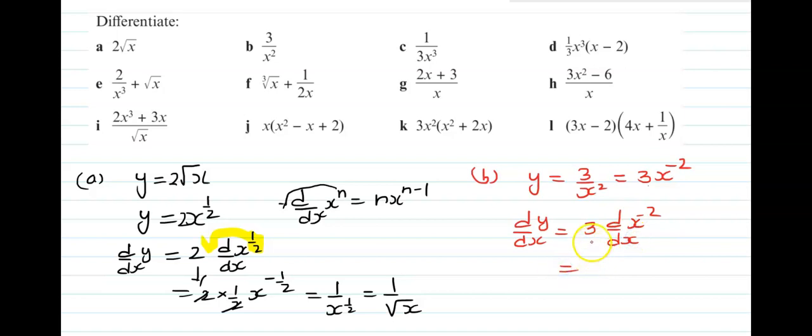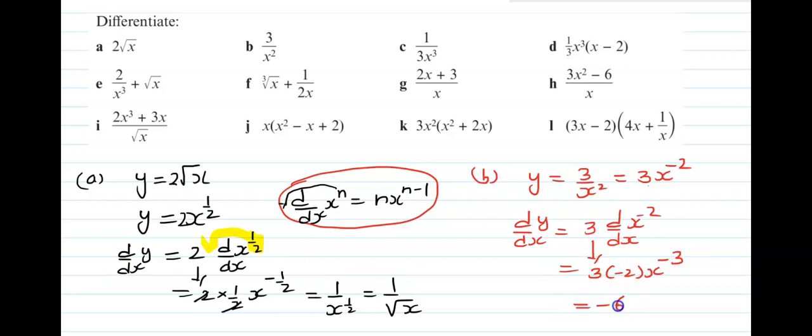The 3 is coming down. Again using this formula, minus 2 is coming forward, x, and minus 2 minus 1 is minus 3. So it will be minus 6 x to the power minus 3, or you can write minus 6 over x to the power 3.